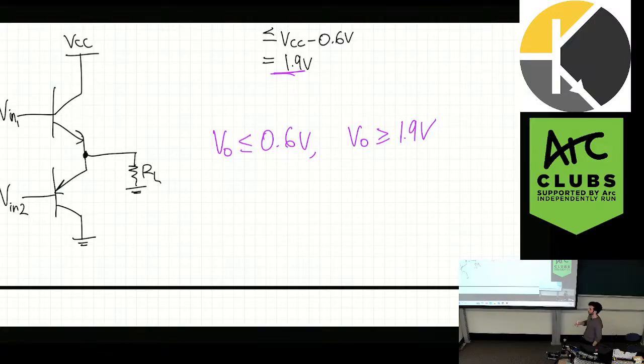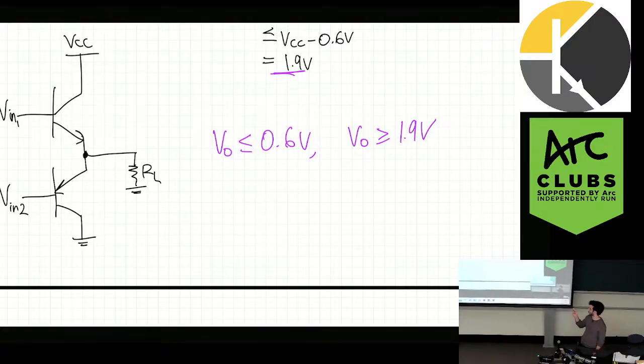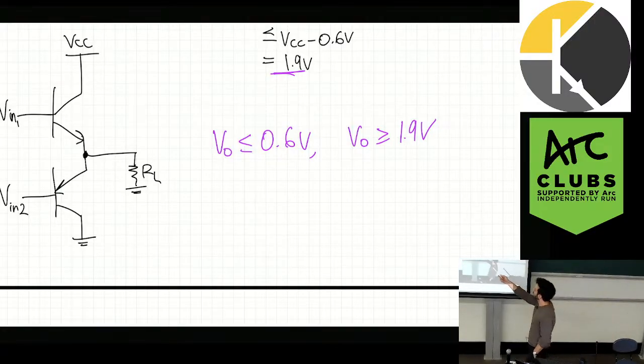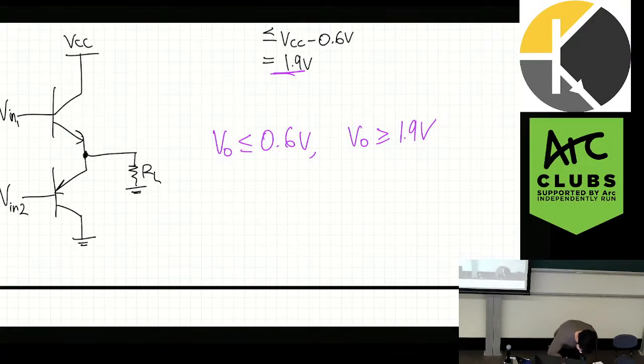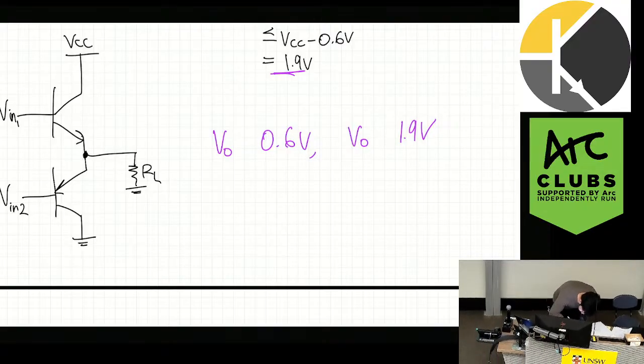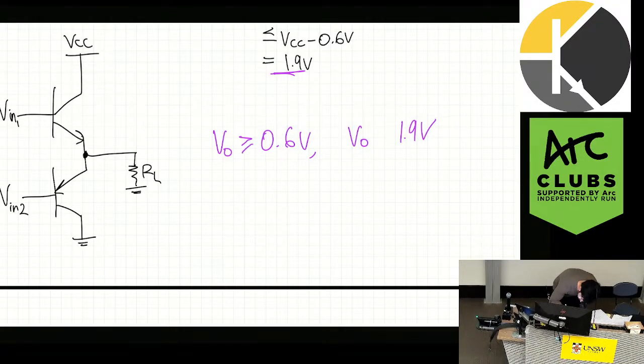I should mention, these values, also done by Torsten in the solution, are best case values. Before we weren't really calculating best case. These were calculated such that we got the best possible voltage swing, the largest possible range. It's smaller and greater. Oh, yes, good point. So it should be greater than, should be less than.